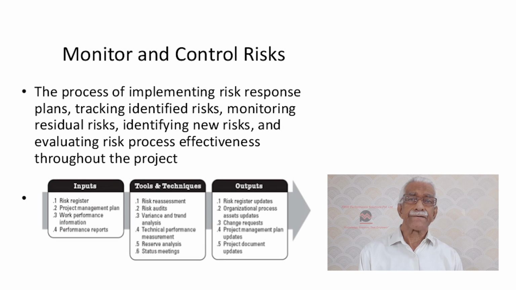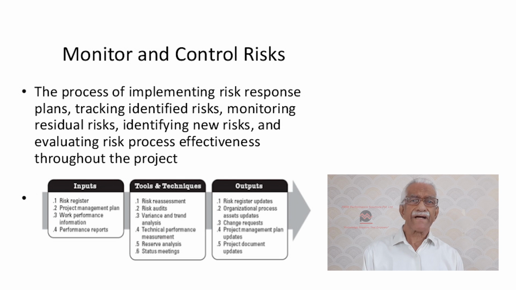The last process in the risk management area is monitor risks. Just as we do in the case of project monitoring and controlling, here too we take proactive action based on information available on the risk status as the project progresses.